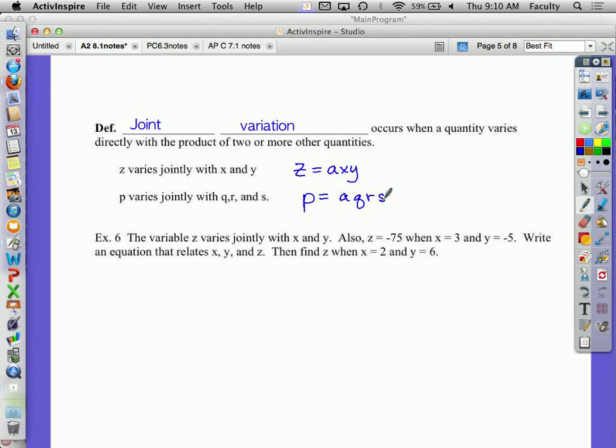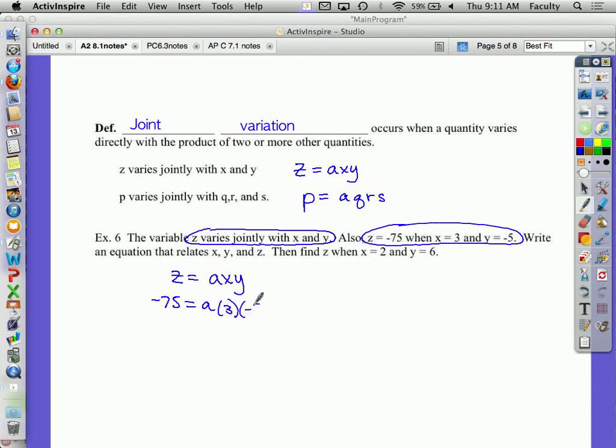Example 6 says the variable Z varies jointly with X and Y. So this is Z equals A times XY. Then they're going to give you a piece of information that tells you everything but A, and they did. They said Z is negative 75 when X is 3 and Y is negative 5. I would need to divide by negative 15.